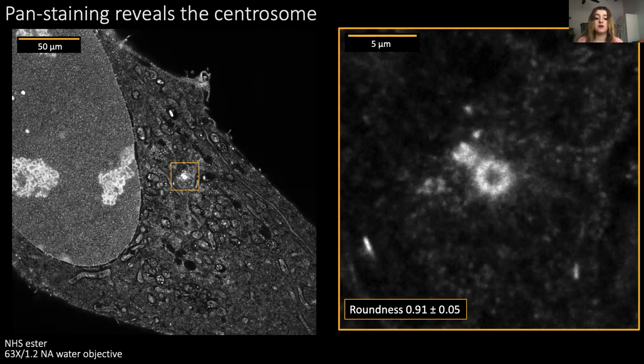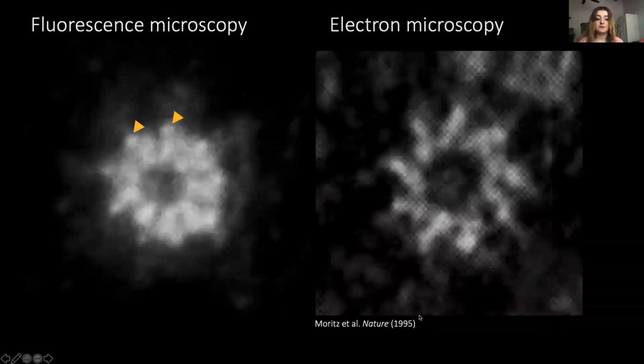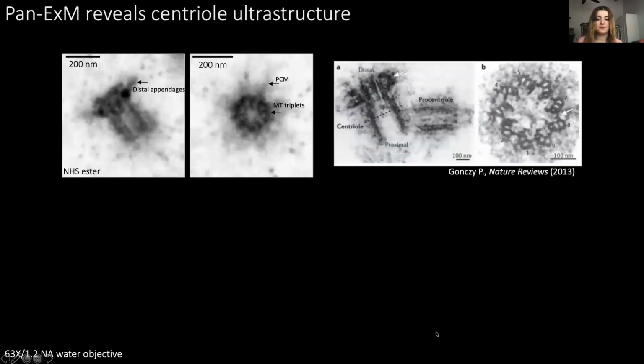And we infer this from a roundness measurement of 0.9. In fact, in U2OS cells, you can discern the cartwheel structure of the centriole. And this is strikingly similar to the first electron microscopy images of isolated Drosophila centrioles published in 1995 in Nature.